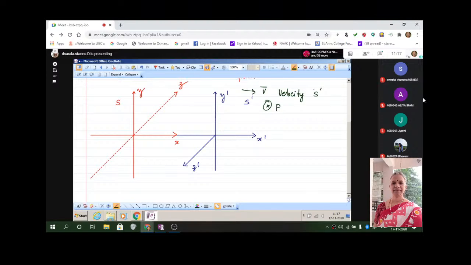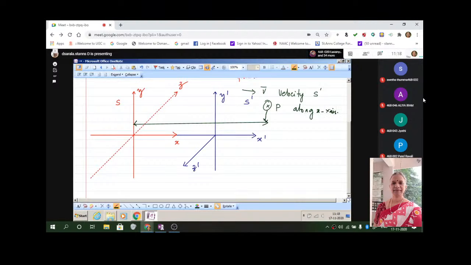When this is the velocity with which this frame is moving, let us describe the position P. Let us say that it is moving only along the x-axis.